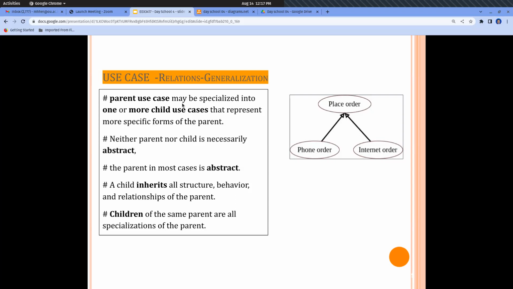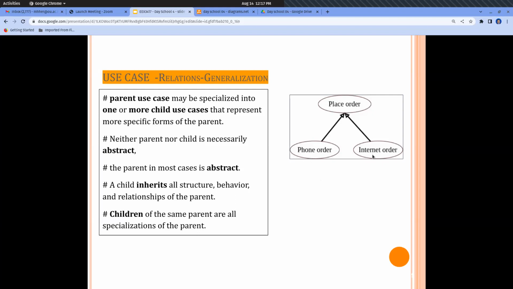A parent use case may be specialized into one or more child use cases. This is a specialized one. Phone order: in this use case, attributes and actions are done especially for phone orders.